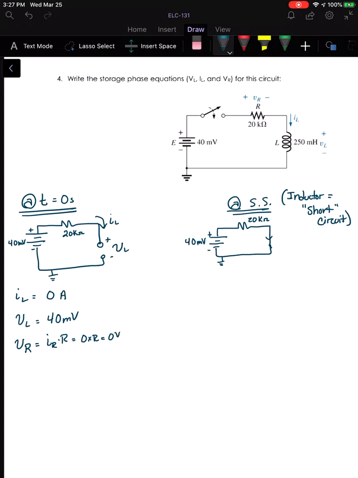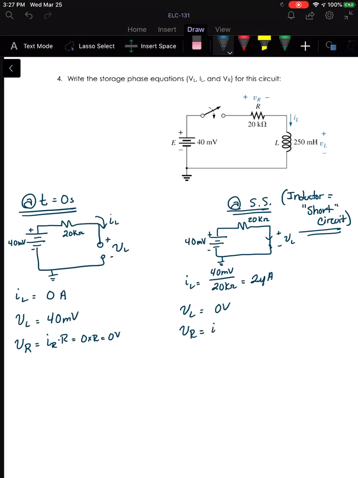And then at steady state, now that my inductor looks like a short circuit, that's the main idea right there, I sub L is going to be 40 millivolts divided by 20 k ohms of resistance. So we've got 2 microamps there. V sub L, which is right here, now that's a short circuit, and there's no voltage drop across a short circuit, so that's just 0.